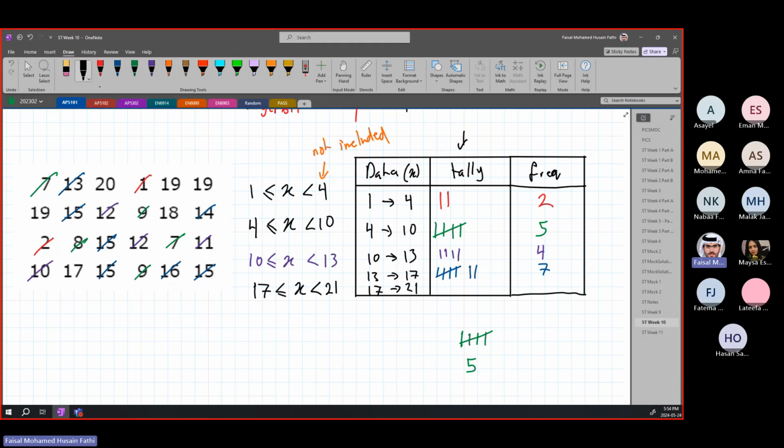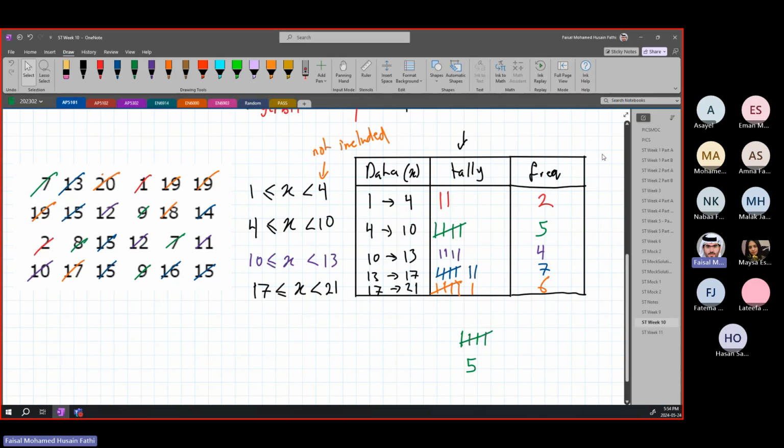So if there is a value of 20, I'm not going to be able to put it in here, but I'm going to show you how to define a range in a bit. Don't get confused by that now. And now we're just going to apply the same exact idea. So 17, there's 1, 18, there's 2, 19, that's 3, 19, that's 4, 19, that's 5, and 20, that's 6.